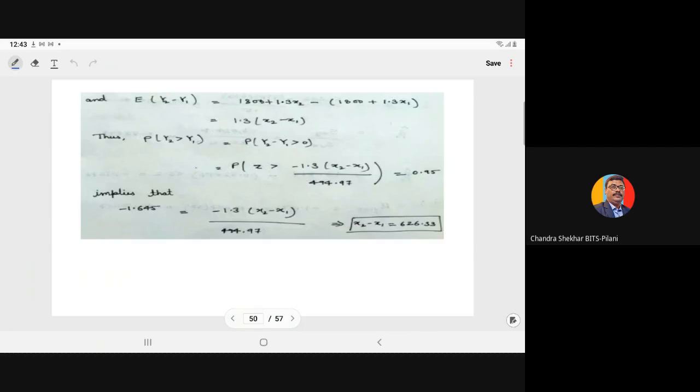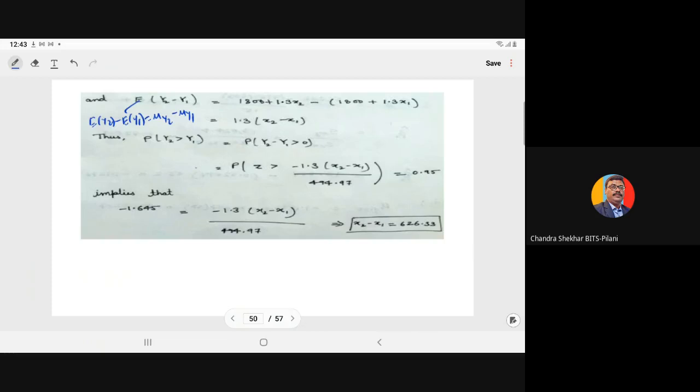Then we compute the mean of y2 minus y1. It is E of y2 minus E of y1, that is mu y2 minus mu y1, when x is equal to x2 and x is equal to x1 respectively.